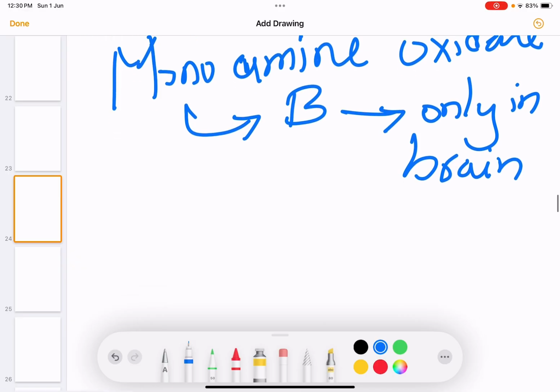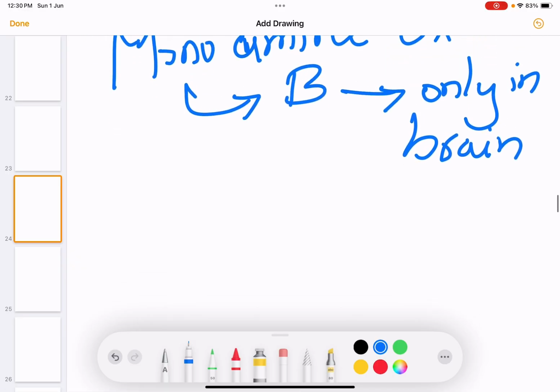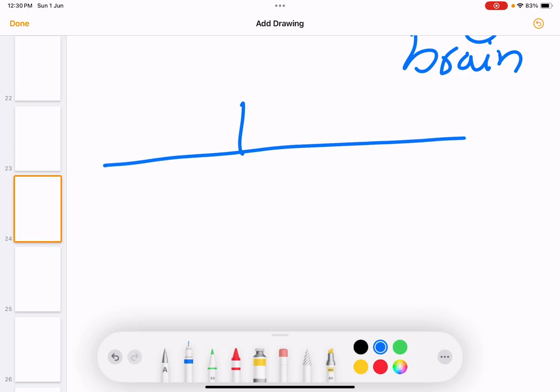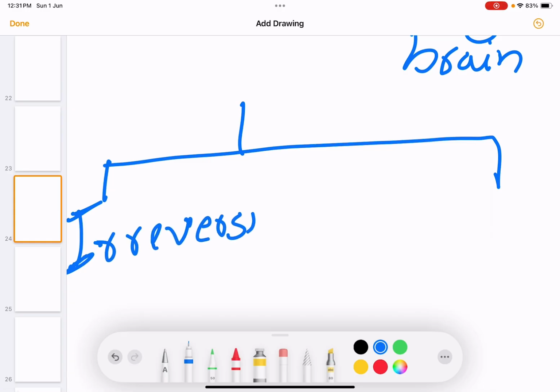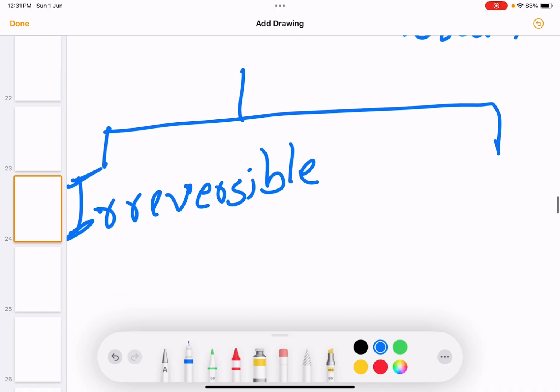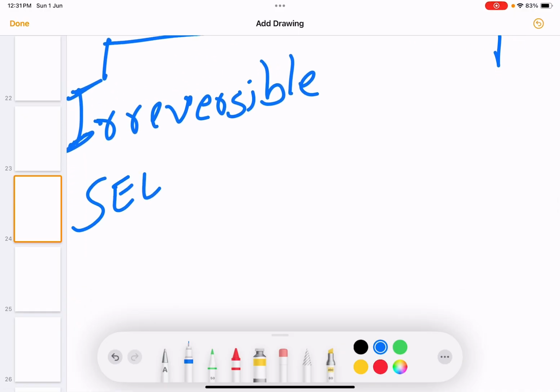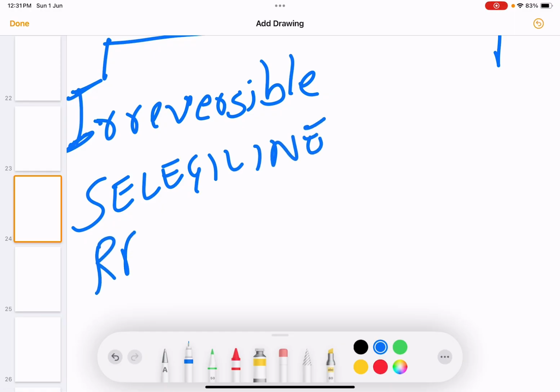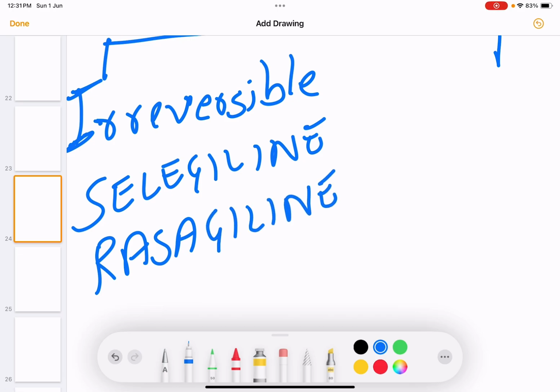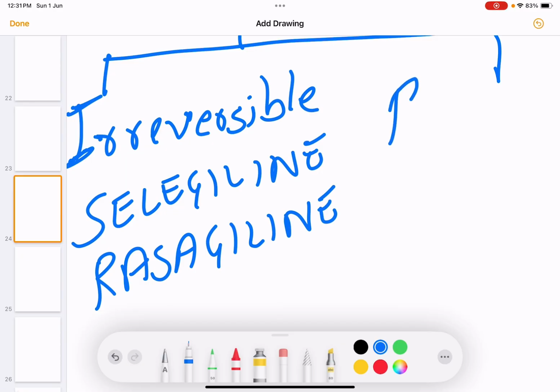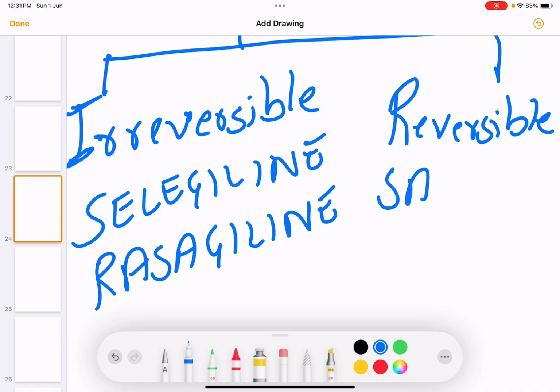MAO-B inhibitors can be used safely with levodopa. So there are two kinds. Irreversible, which is selegiline, and rasagiline, and reversible, which is safinamide.